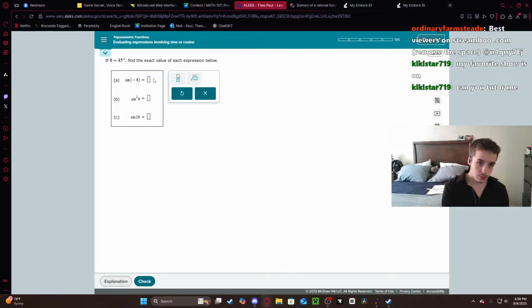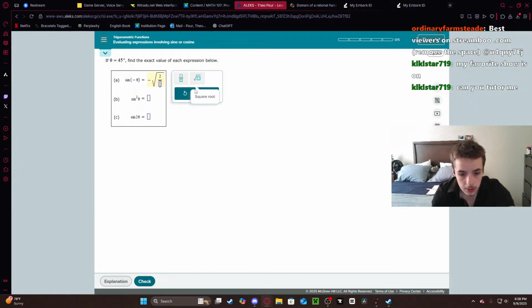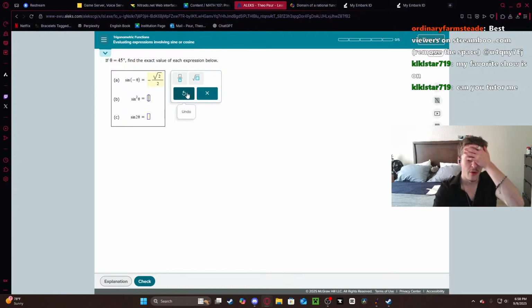So 45 degrees, sine of negative 45 is negative square root 2 divided by 2.